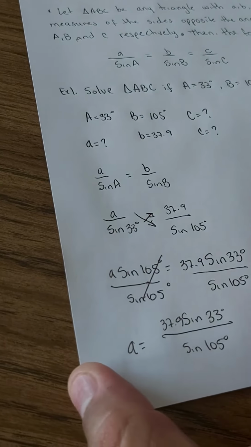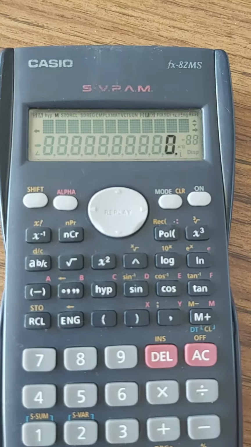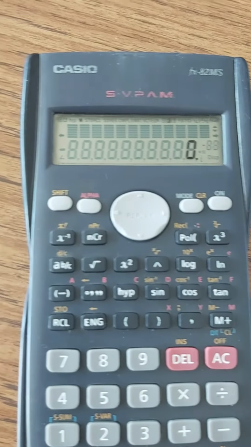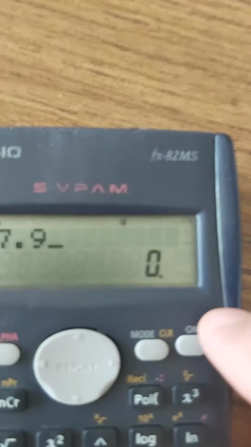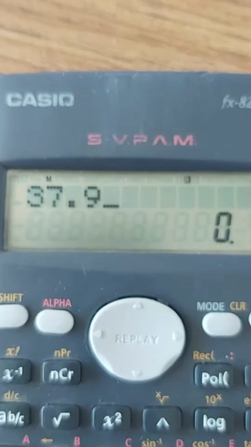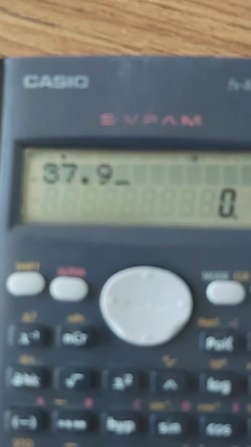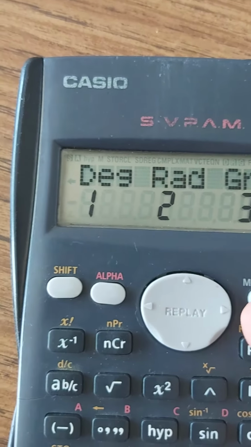So let's take out our calculators. Okay, look, always make sure that your calculator is in degrees.